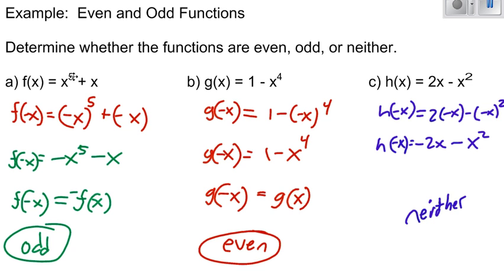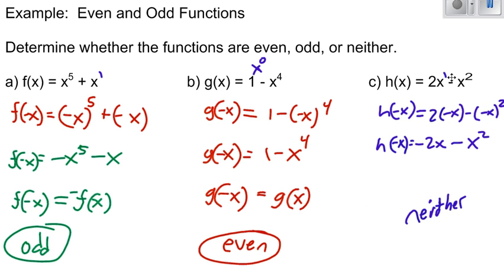Also, you can notice x to the fifth and x to the first. Those are both odd exponents, and it's an odd function. We have a constant, which means it has an x to the 0. 0 is an even number. And x to the fourth. 0 and 4 are both even powers of x, and it is an even function.